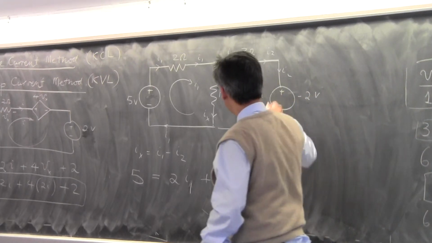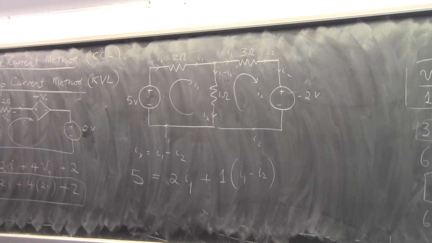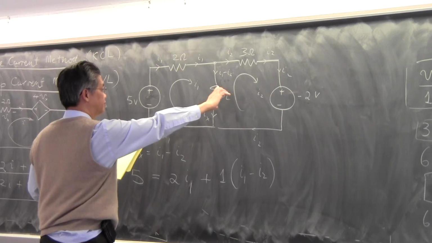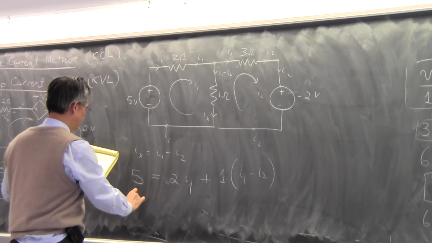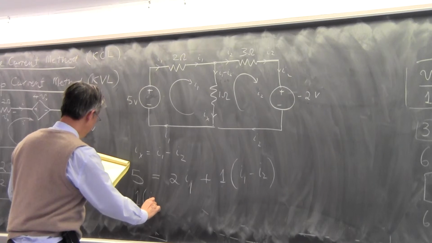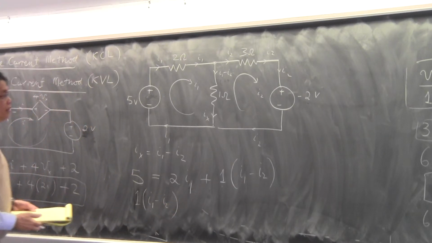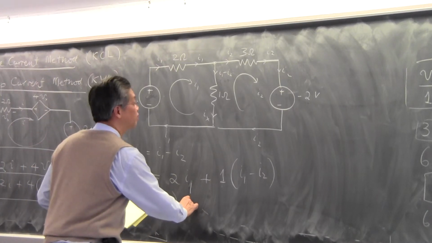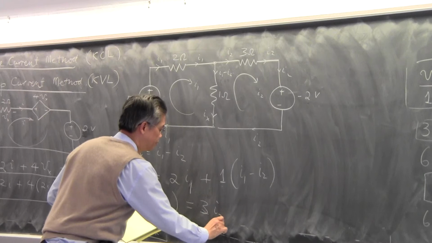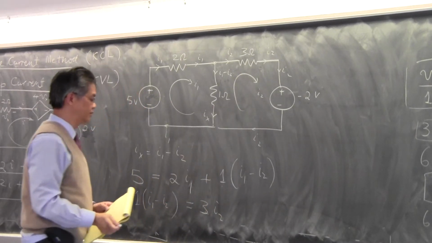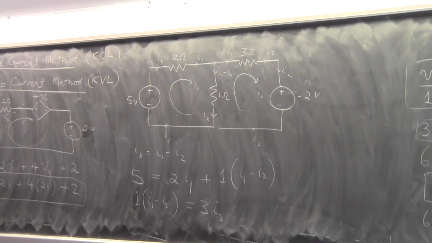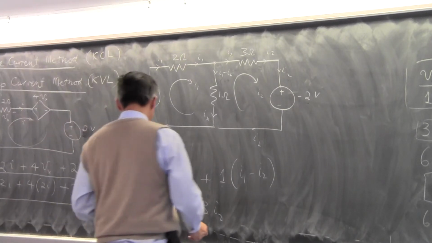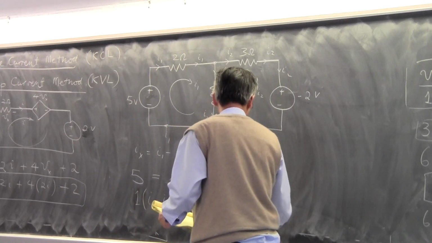And then we apply KVL to the other loop. It says that the voltage drop across this resistor, which is 1 times I1 minus I2, must be equal to 3I2, because the current that flows through that resistor is I2, so the voltage drop across it is 3I2, plus minus 2 volts.